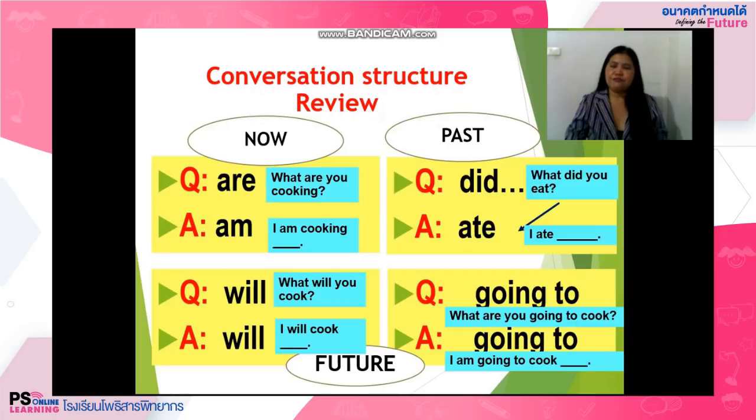I'll give you a few seconds for that. So these are our conversation structures that we are going to practice later. You can copy. I'm waiting. Or take a photo, or take a screenshot.